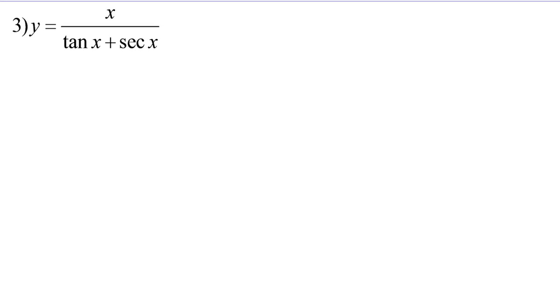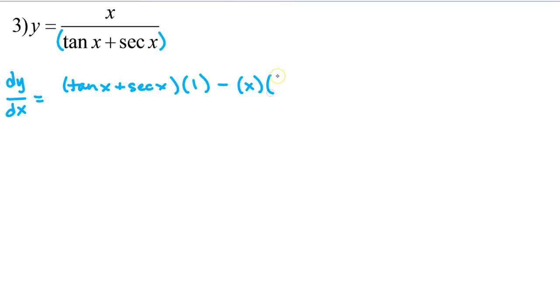Okay, number 3 is a quotient. And so we're going to use the quotient rule, and notice that inside the quotient we have a sum. So that's going to make it a little more tricky. So we just have to be really careful and take our time. We have the bottom times the derivative of the top, and the derivative of x is 1, minus the top times the derivative of the bottom. Now the derivative of a sum is the sum of the derivatives.